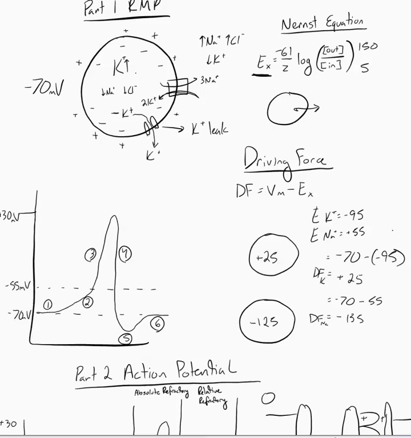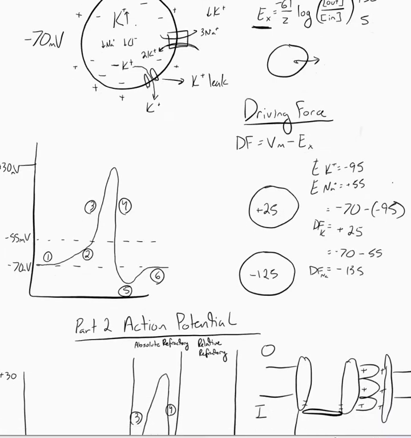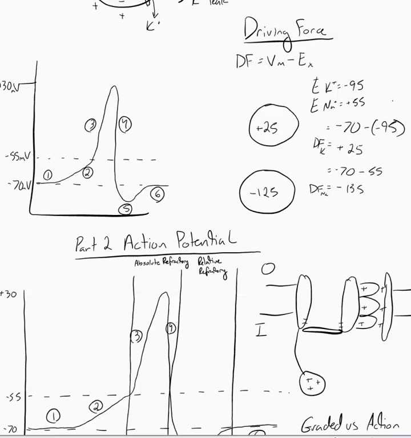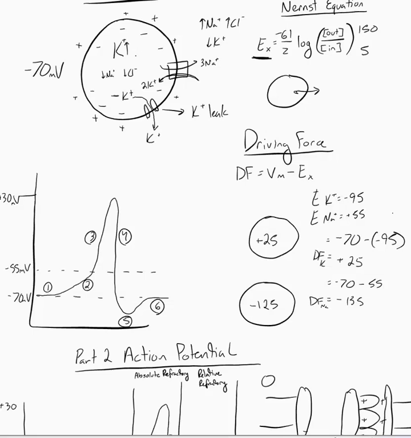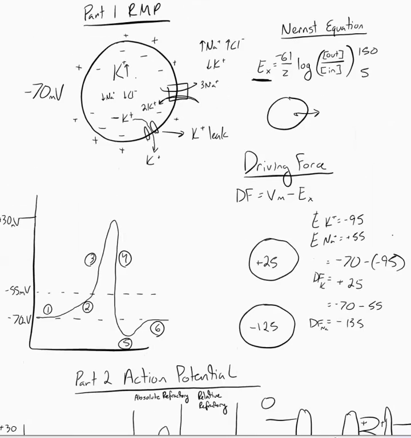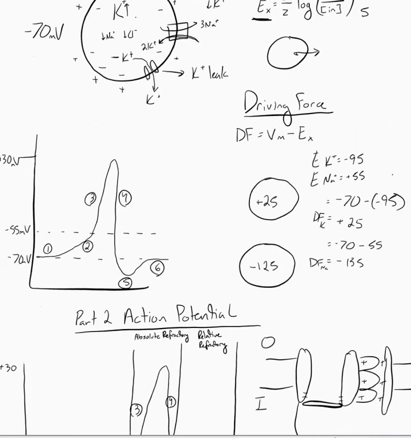And so that then plays a role into driving force, which talks about how the resting membrane potential, or whatever the potential is of the membrane, compares to this Nernst equation, and how that helps us.